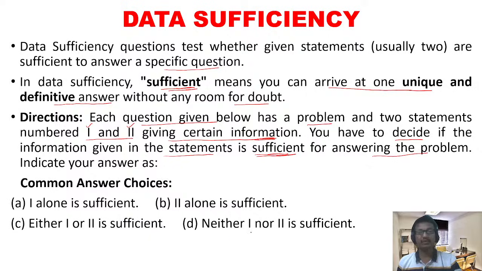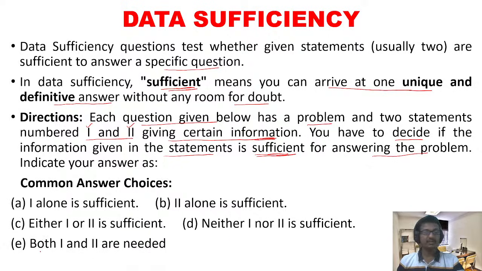Then the fourth one can be neither 1 nor 2 is sufficient. Then the fifth one can be both 1 and 2 are needed. Then you need to find out which option is correct for identifying the answer for the given question. So these are the possibilities given to you.